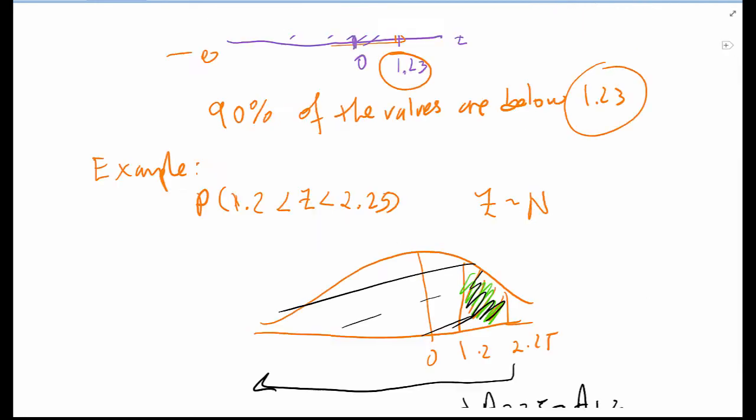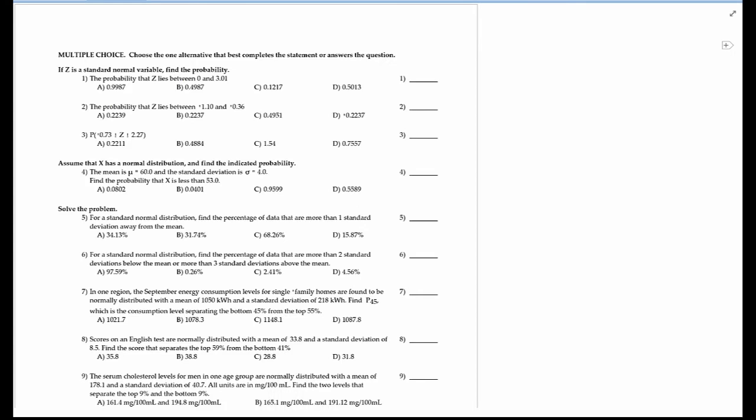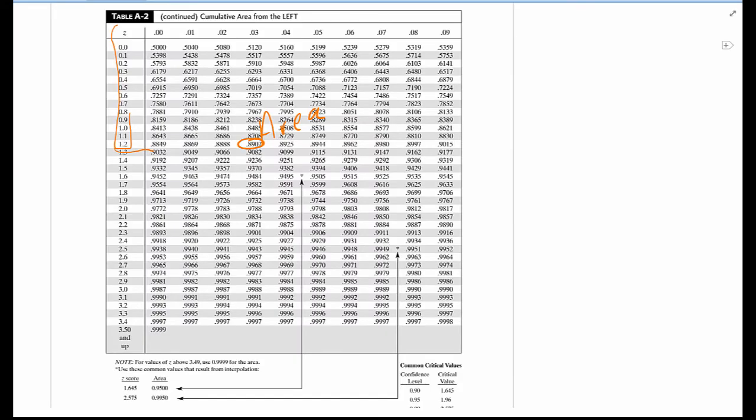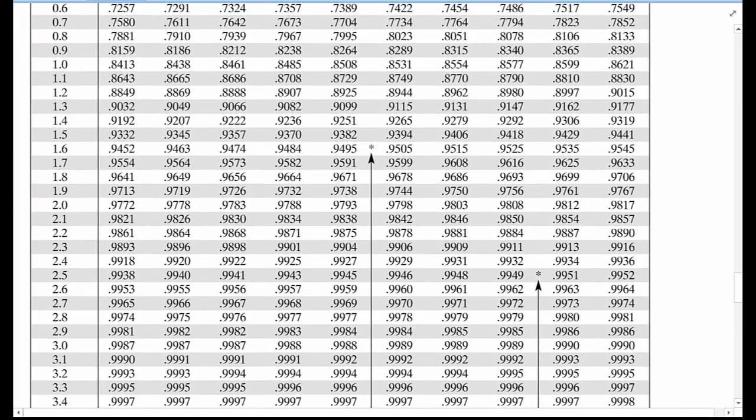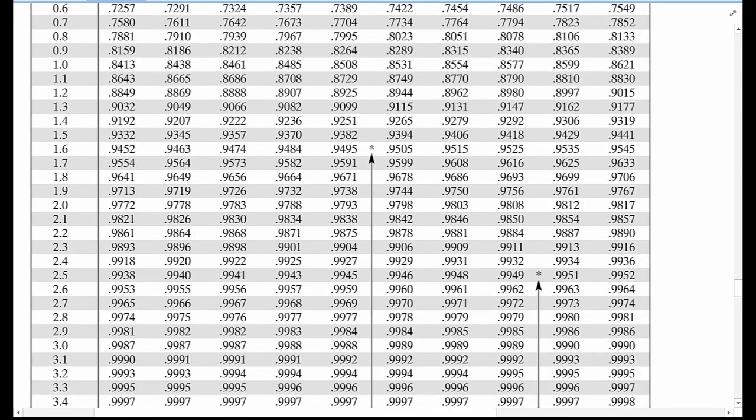So we go to the table, and the area that corresponds to 2.25 is 99.38. You see, that's almost 100% of the data.